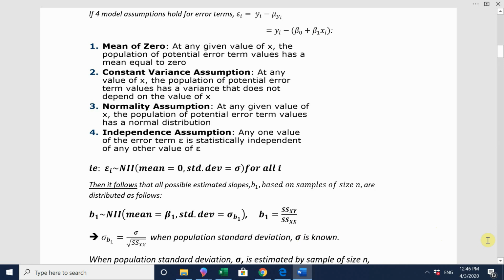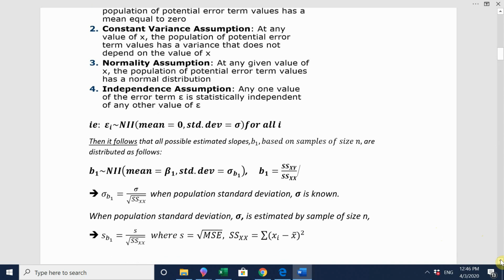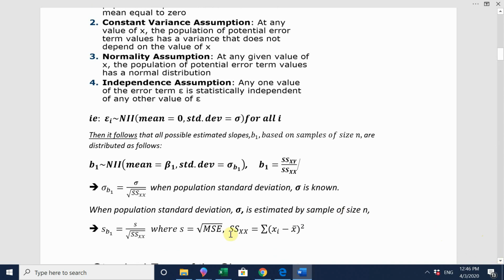When I don't know my population standard deviation for the residuals, then I must use a sample standard deviation. And that sample standard deviation we've seen before is called the standard error. The standard error is in fact the square root of the mean squared errors.